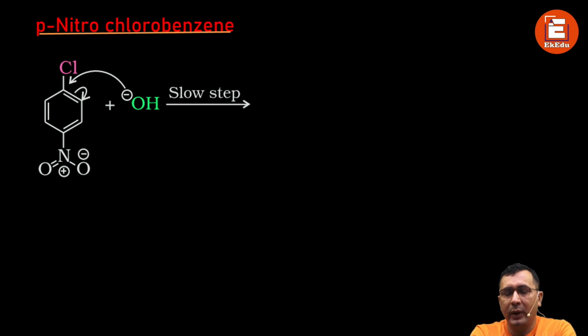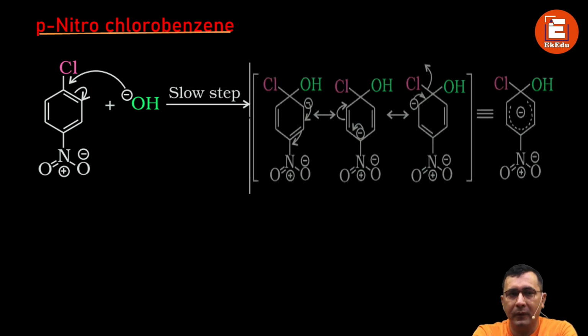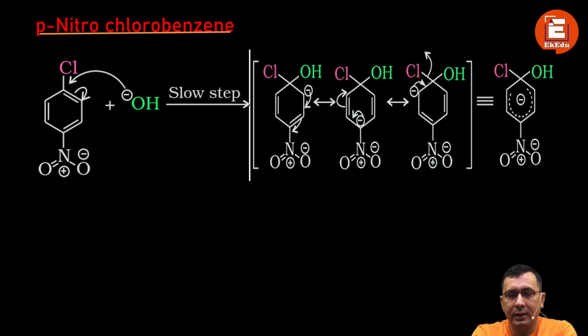The first step is a very slow step, in which the OH minus attacks the positive carbon of the benzene. Then there will be a resonating structure. You can see there are three possible structures. When this OH, an electron rich species, attacks the carbon attached to the halogen, the electron density of the benzene shifts to the ortho position, then the para position, then again to the ortho position, and your structure will be like this.